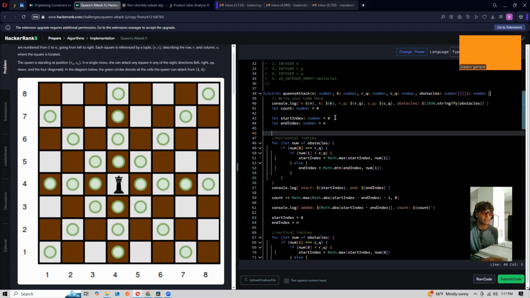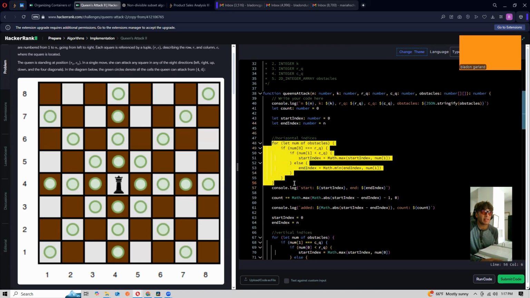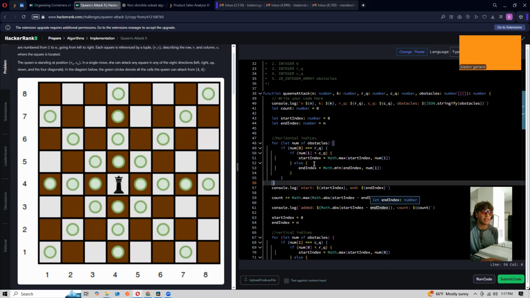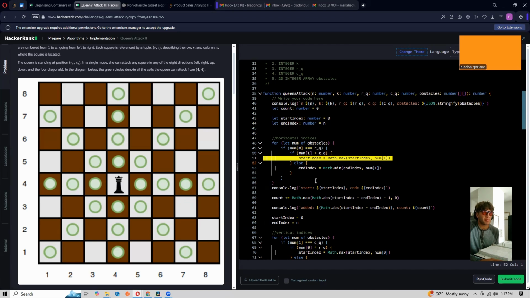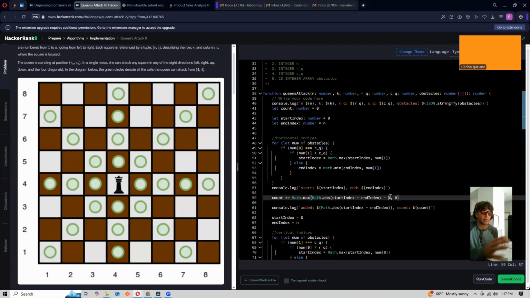We see if there are any obstacles within that space, and if there are, we change the start index to the column value of such an obstacle. You can look through this and understand it; it's a lot to explain. Then, because we are only considering spaces that aren't occupied by the chess piece, we subtract 1, since any start-to-end index range will always contain the chess piece.